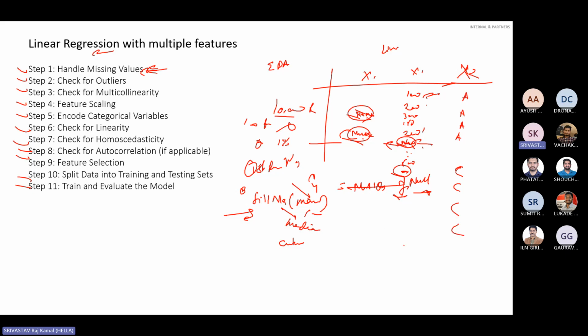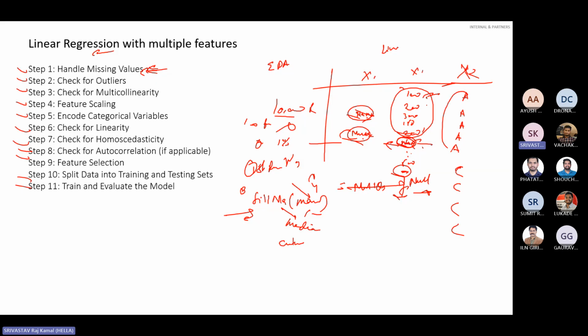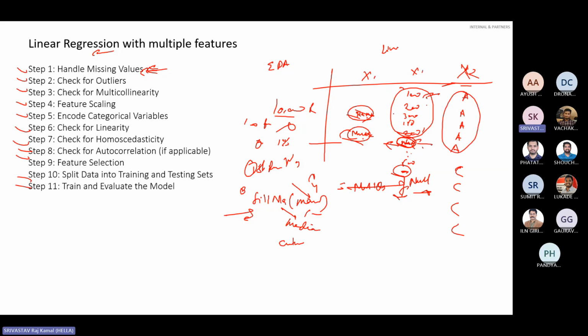Now, don't you think that instead of replacing with the mean, why should I not replace this null with the mean of only those values which belong to class A? I think this is a better way of replacing with the mean, because the nature of C must be different.